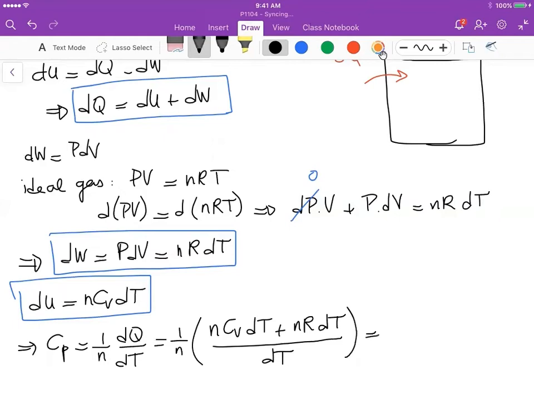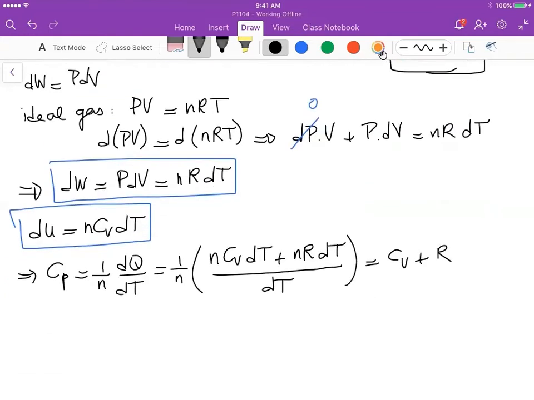And so from here we end up with Cv plus R. So from here we can conclude that the relation between Cp and Cv for an ideal gas is given by Cp minus Cv is equal to R. Okay, and that means that Cp is always greater than Cv.